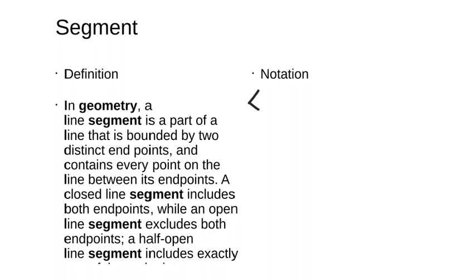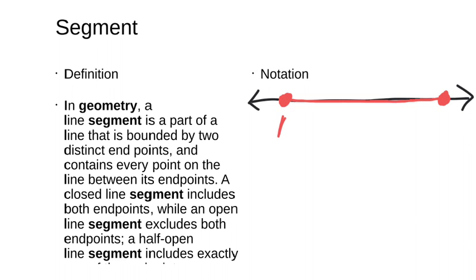So if you have a line, okay, that goes on forever and ever in both directions, a line segment would be from one point, one endpoint, to another. So only this red section would be considered part of the line segment.